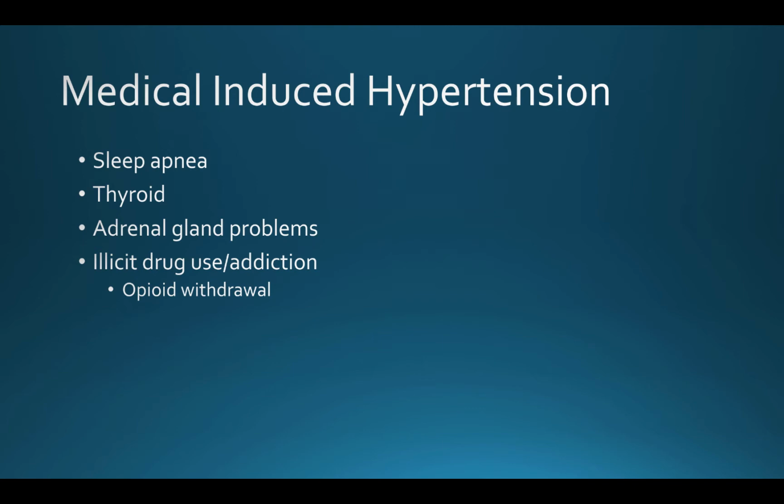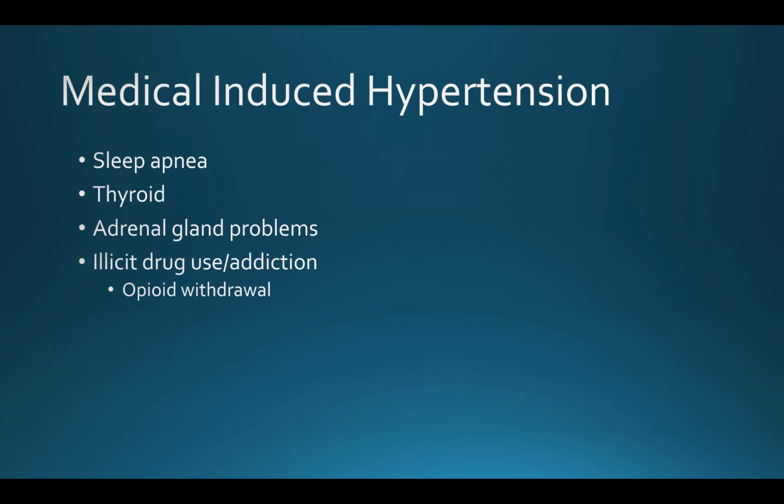Maybe we've got a low TSH. Adrenal gland problems, any type of kind of rare, unique cancer type situation where maybe the adrenal gland is dysfunctioning or throwing out inappropriate amounts of different hormones or something like that that are raising blood pressure. That's kind of a rare situation.